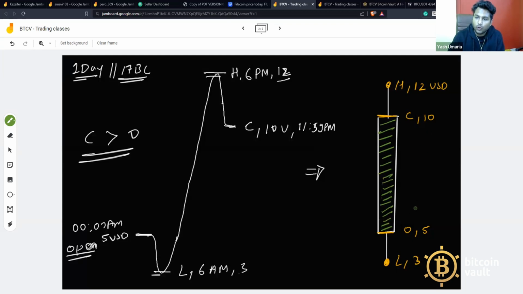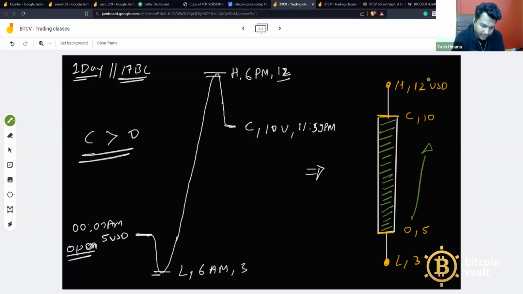Why? Because the overall market moved up. Of course, the market made a low of 3, but where it closes the day, that is important. In this case, it closes the day around 10 USD and it opens around 5. So the market is moving in the upper direction. And because of that, we are seeing the green candlestick.